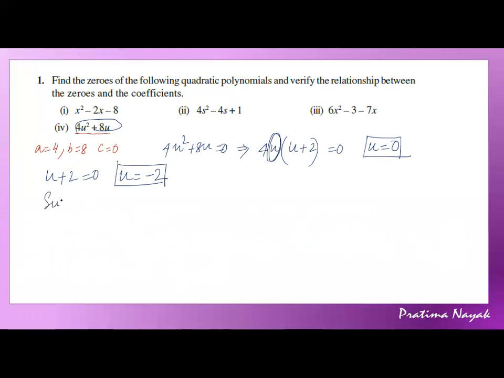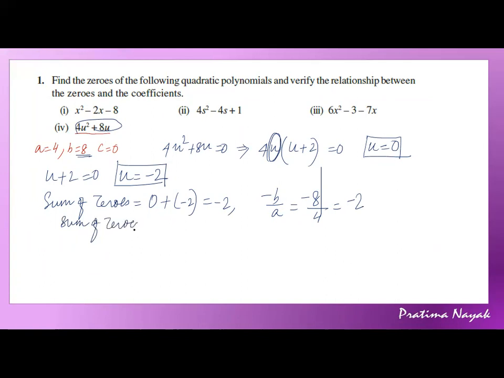Then go for sum of zeros is equal to 0 plus minus 2. That will be minus 2. Then we'll go for minus b by a. So minus 8 upon 4. This will be minus 2. So sum of zeros is equal to minus b by a, verified.